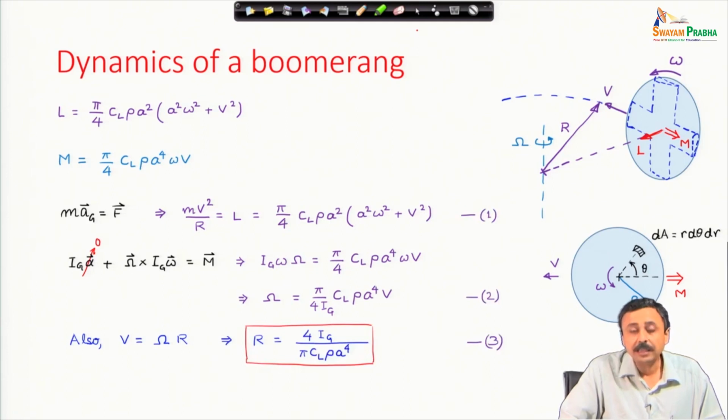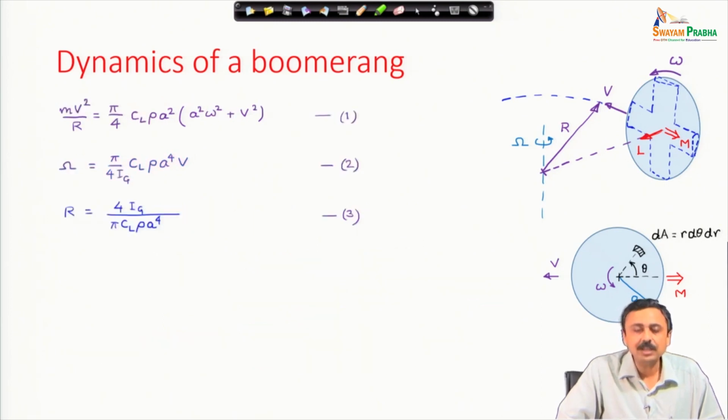When I do that, I can calculate the expression of r, the radius of curvature of the path, in terms of the parameters of the system: the moment of inertia about the axis of symmetry Ig, CL is the lift coefficient which you can find out for the aerodynamic or aerofoil shape of the arms of the boomerang, and rho is here the density of air, and A is the radius of the boomerang.